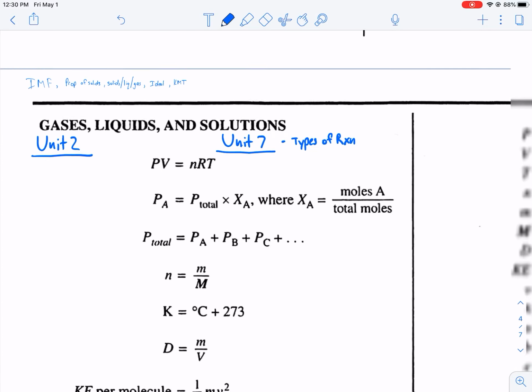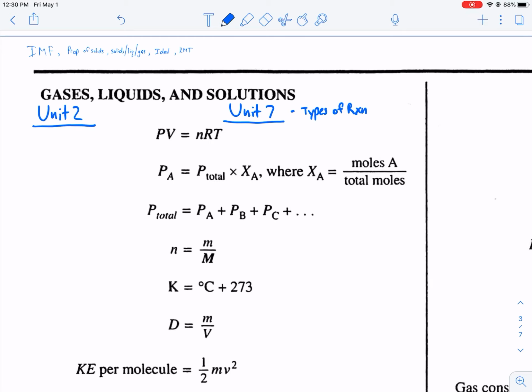So when we're looking at these equations, I thought it might be nice for us to just quickly review a few of them. Remember that when we're dealing with these equations, we're assuming that the gases are under ideal conditions.